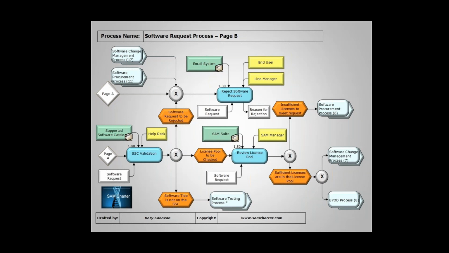The license validation check is a crucial make or break point, because assigning the wrong license or the wrong version, or not assigning anything at all, or assuming that we are probably okay with licenses, so let's go ahead with the installation, could be the death of a SAM program. Assumption is a SAM program's biggest enemy, because it should deal with facts. This is what we own, this is what we have installed, and that's what we have left.